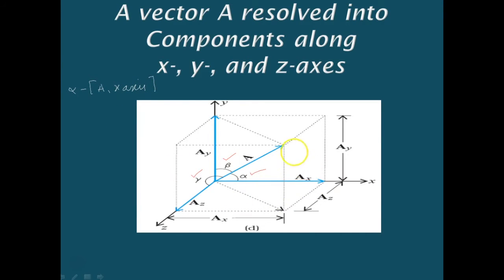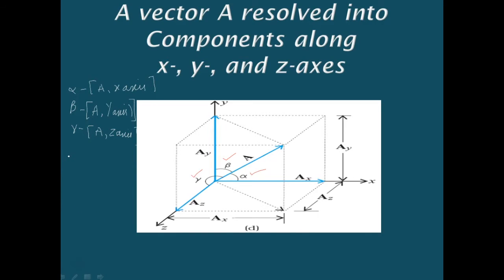You can see in this figure. Beta is the angle between vector A and the y-axis, and gamma is the angle between vector A and the z-axis. You can see in this figure once again, you'll get an idea about alpha, beta and gamma.